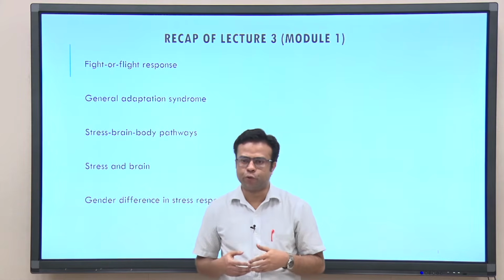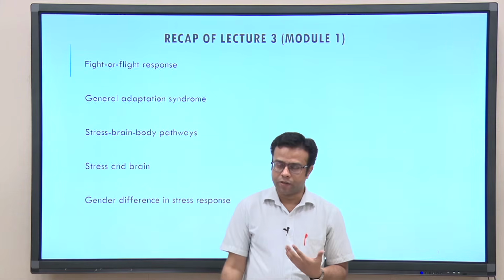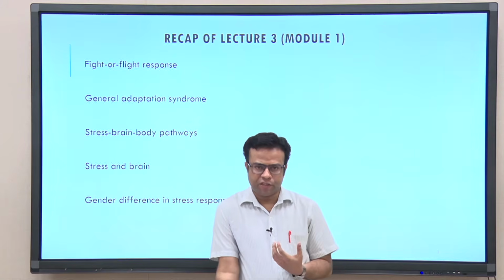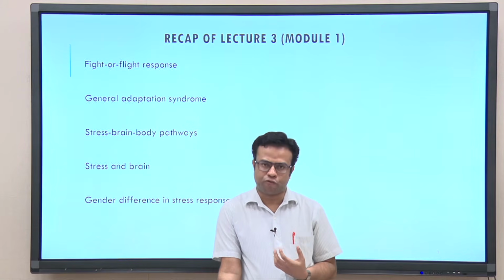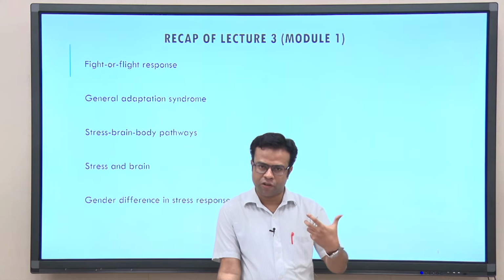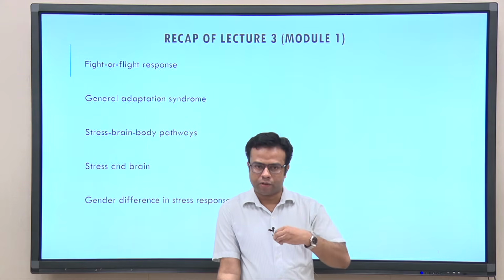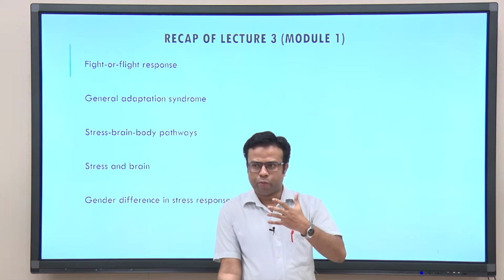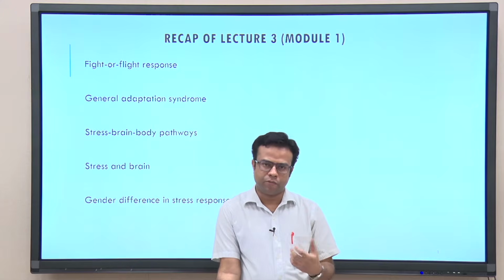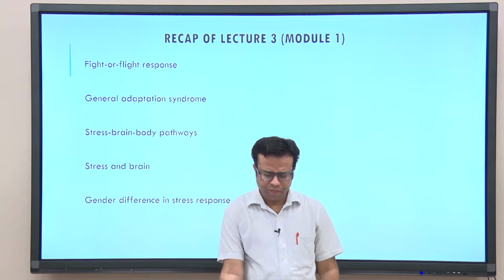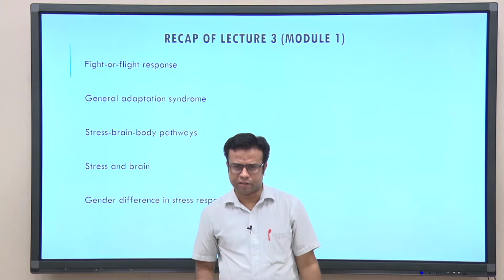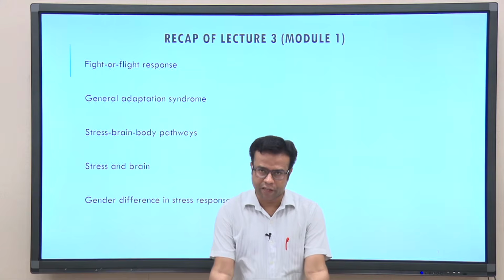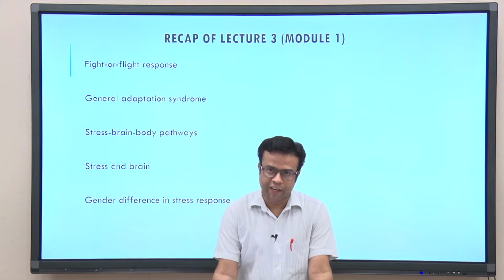Whenever we experience stress, the immediate reaction of the body is fight or flight, where the body gets aroused and there are certain symptoms, such as an increase in heart rate and perspiration, and the body gets extra energy to deal with various threats and dangers in the environment. This is a natural response that we all experience whenever we experience stress or threat in the environment.